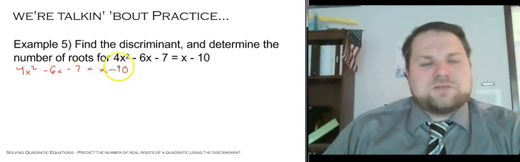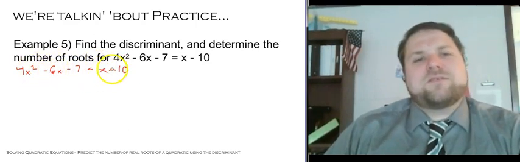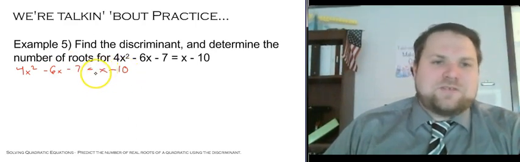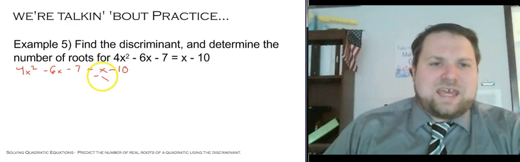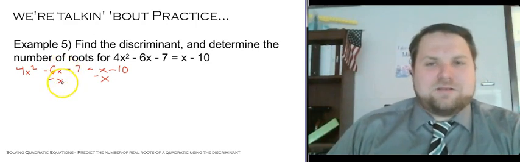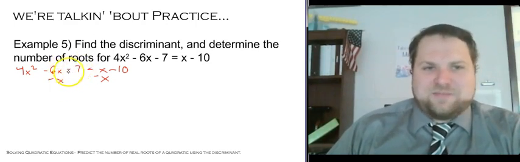So what I'm going to do is take from this side over here, since my x squared and most of my stuff's already on the left, and just get rid of each of these terms. So the first thing I'm going to get rid of is this x. So I subtract x from one side, but I have to subtract x from the other. But remember, I can only combine like terms. So I can't subtract an x from the negative 7.